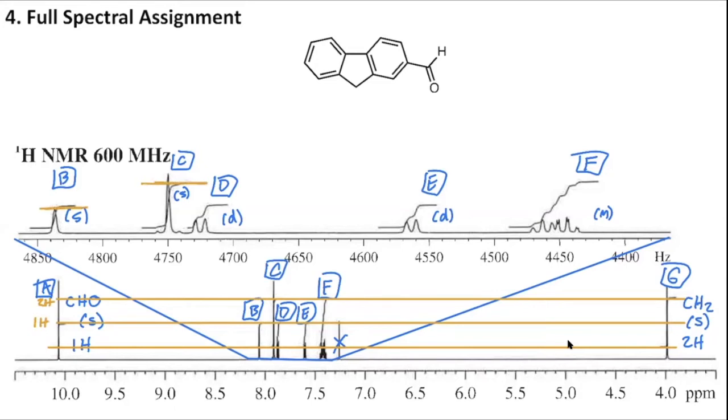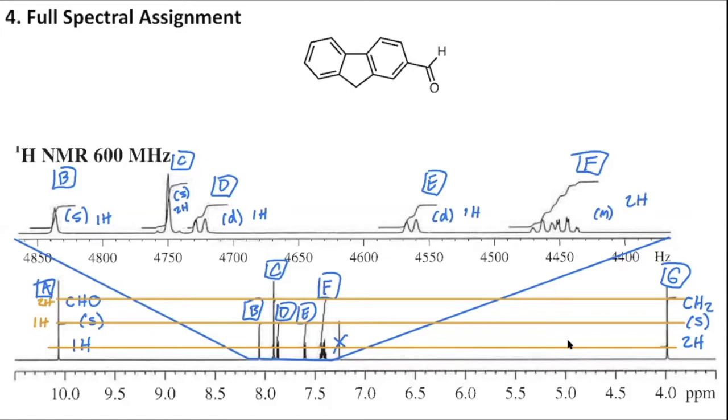It looks like about twice as much, but this full spectrum way is another way to go about finding that data. So I'm going to transfer these integral annotations to the top spectrum, and then I'll get rid of these orange lines because it's a lot to look at. So we said that B is 1 hydrogen, C is 2 hydrogens, D is 1 hydrogen, and so is E, and F is 2 hydrogens.